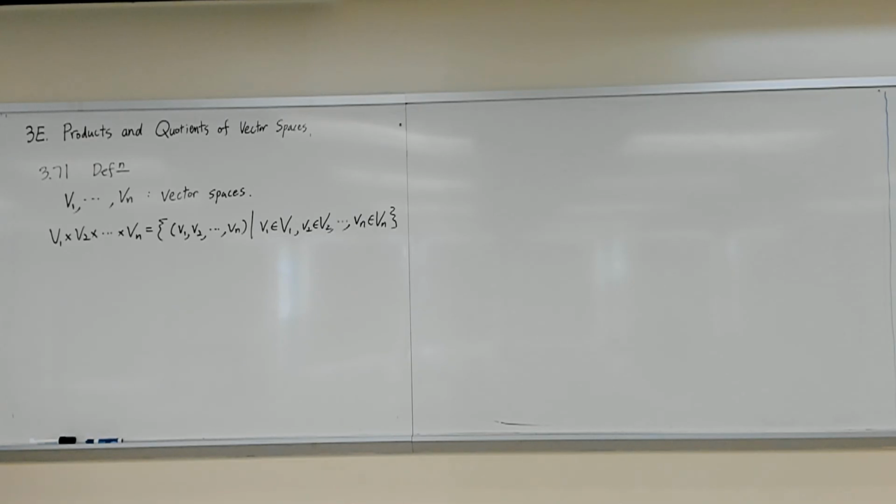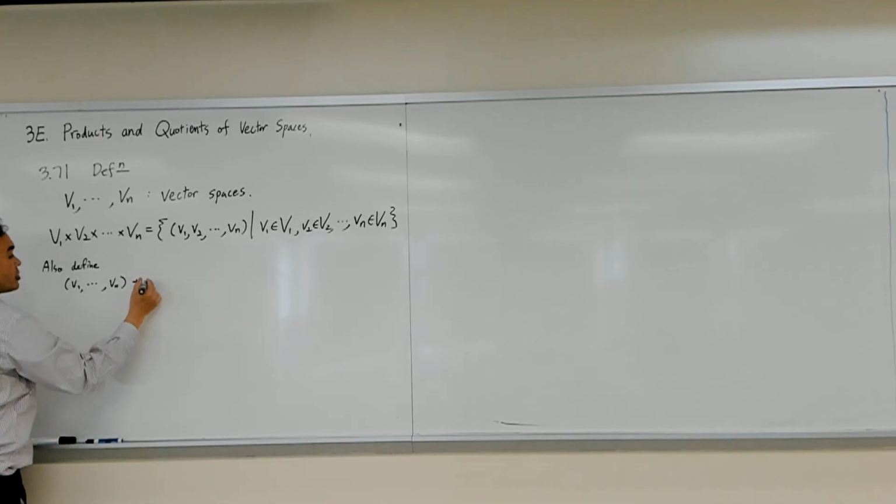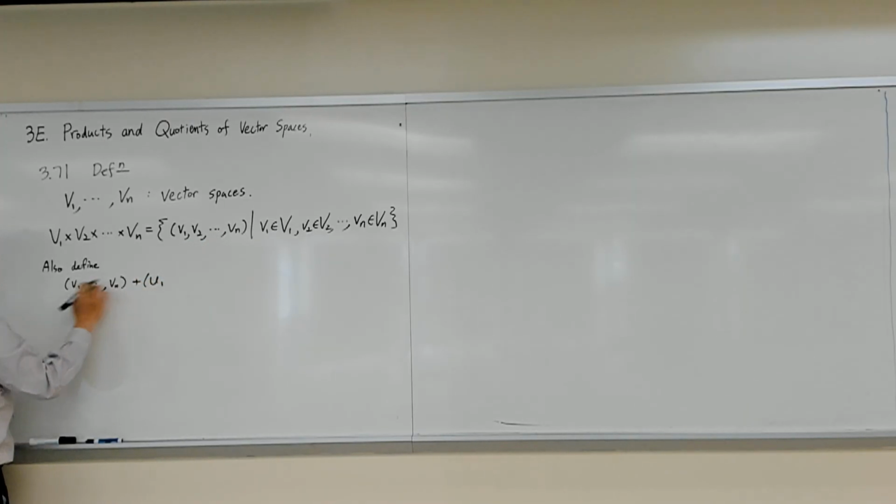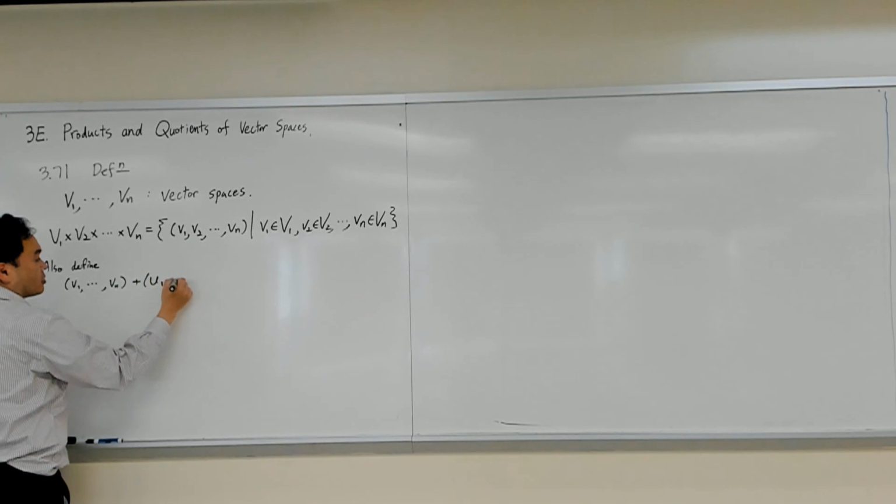Now, also define: let's say you have one element which is (v1, ..., vn), and another element that looks like this, but let's use a different letter because these are different vectors, (u1, ..., un).